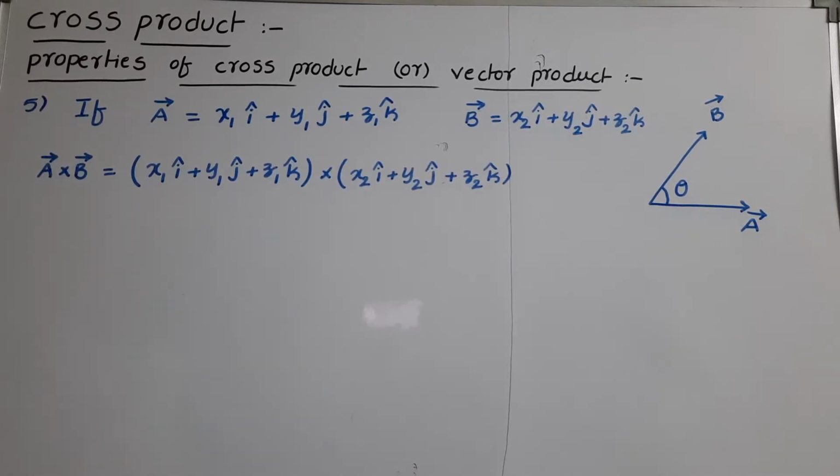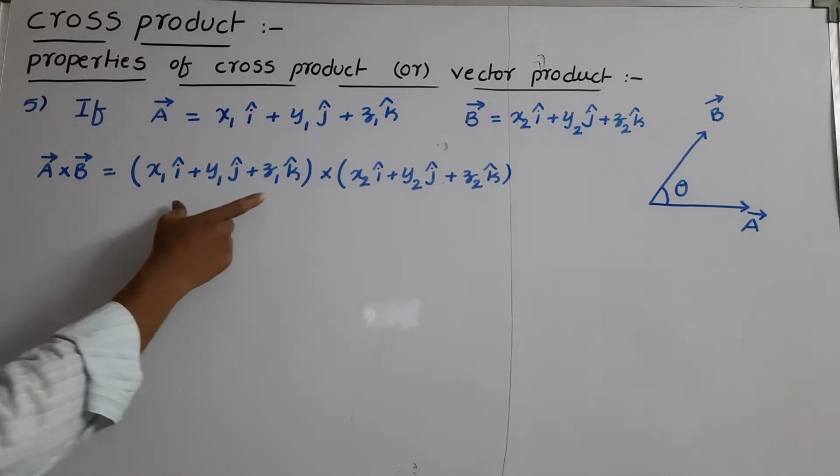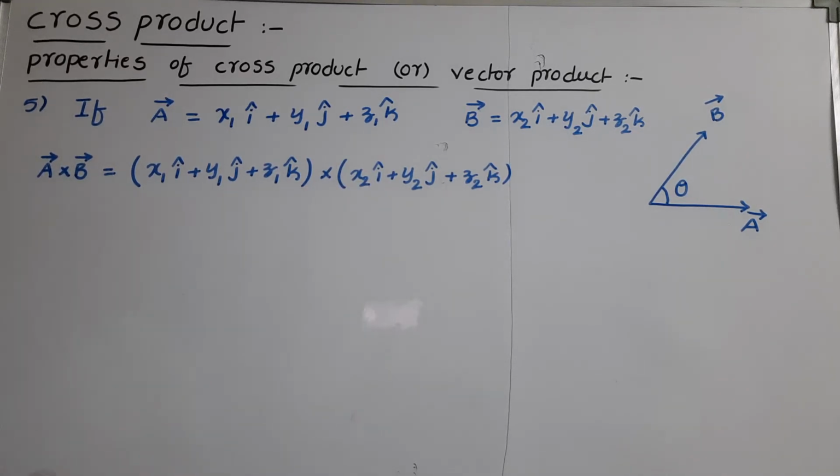If A bar is equal to x1 i cap plus y1 j cap plus z1 k cap, and B bar is equal to x2 i cap plus y2 j cap plus z2 k cap, then how do we find the cross product A bar cross B bar? So this is vector A bar, this is vector B bar.